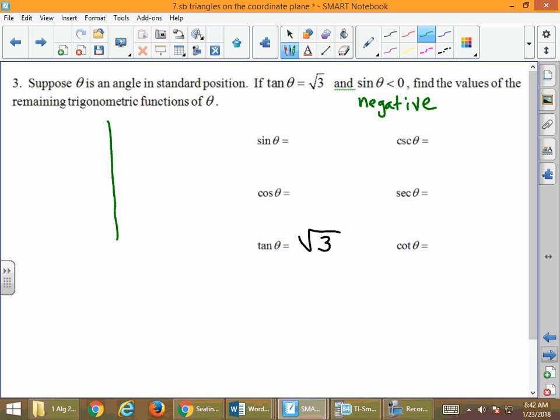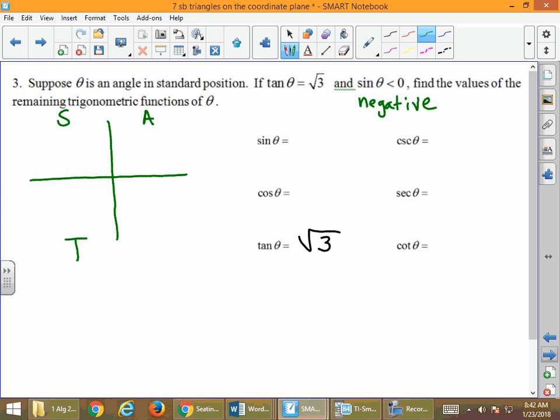So this is going to go back to some previous notes. And what we talked about is all students take calculus. That mnemonic to help us remember that all functions, in fact, all 6 of these functions are positive in the first quadrant. Sine is positive in the second quadrant. Tangent is positive in the third quadrant.